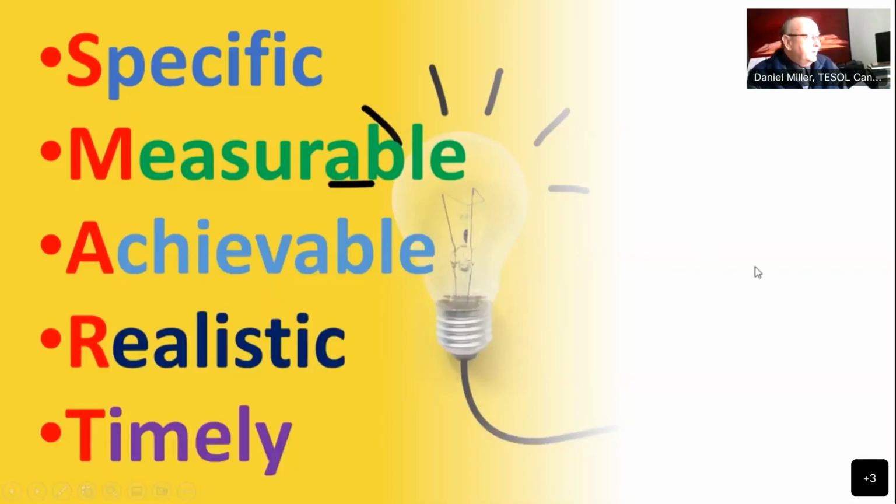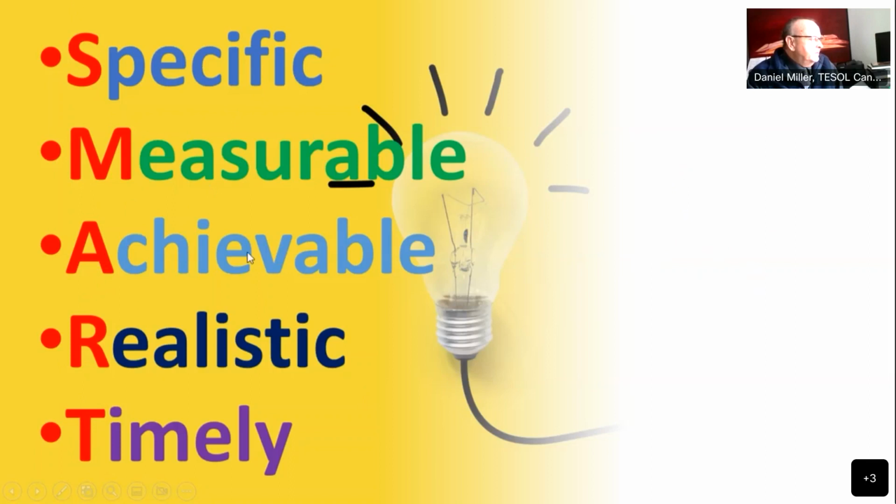So an important thing to remember with MOOC preparation is that MOOC courses, webinars, and assignments should be specific, measurable, achievable, realistic, and timely. SMART. Measurable is connected to the assessment of the assignment.